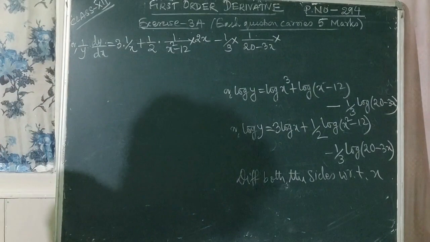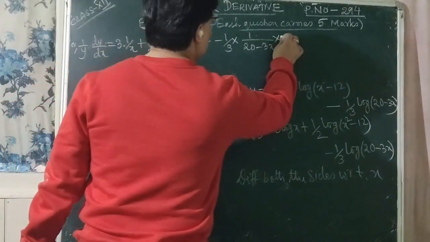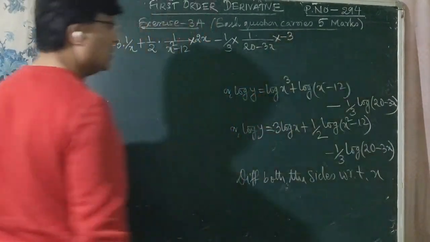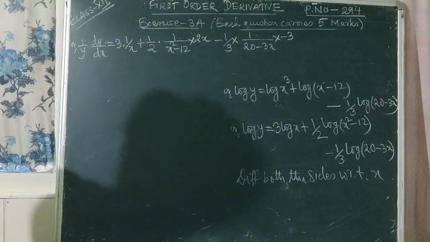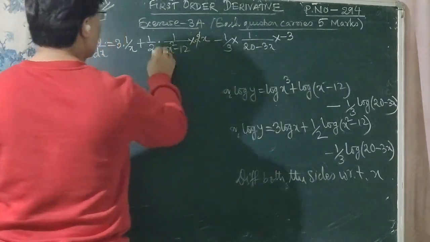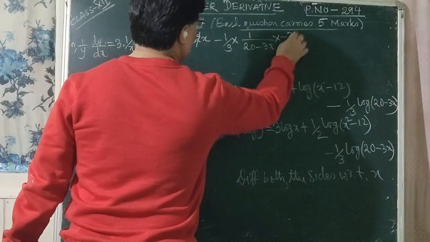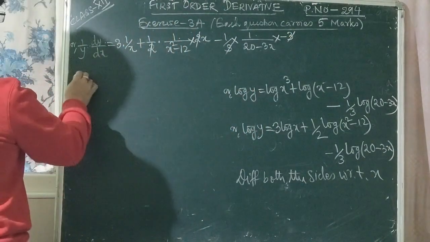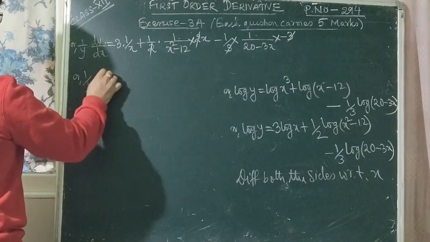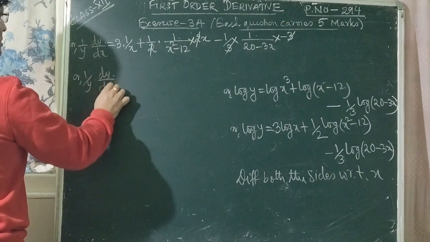That means you have to differentiate 20 minus 3x. Differentiation of 20 minus 3x is only minus 3. Okay, so here this 2 gets cancelled, and here 3 gets cancelled.